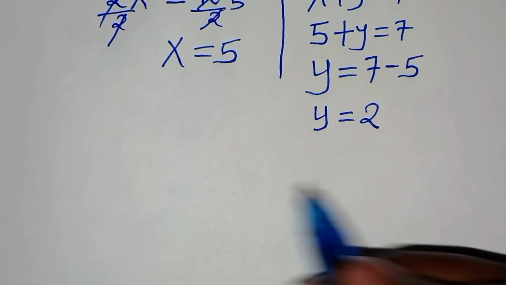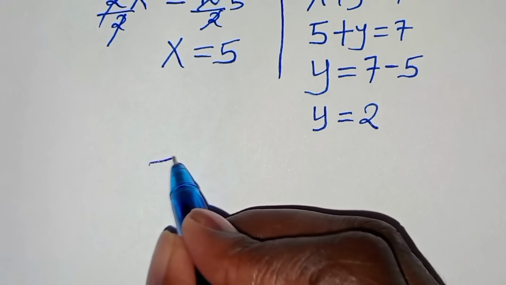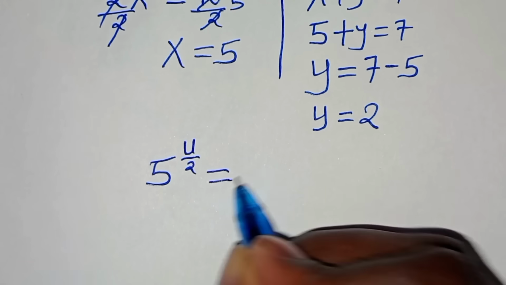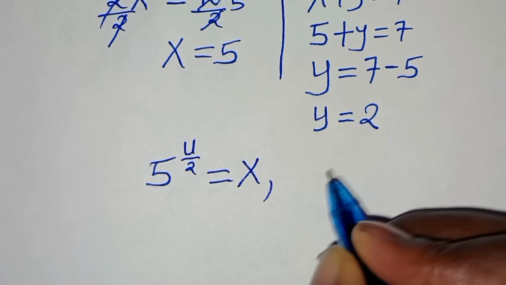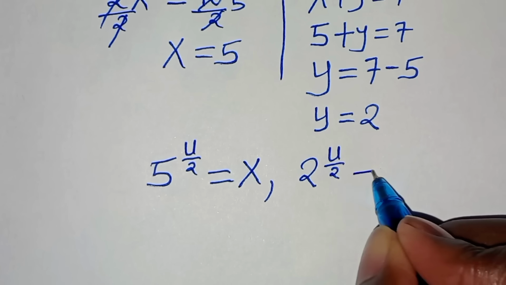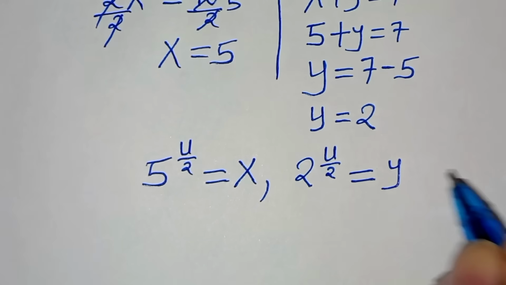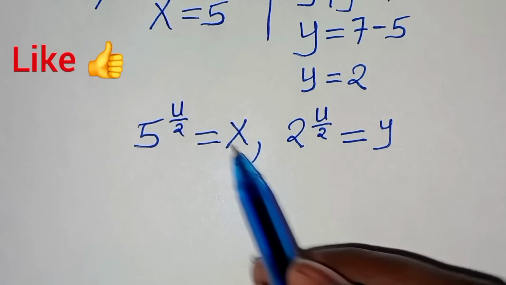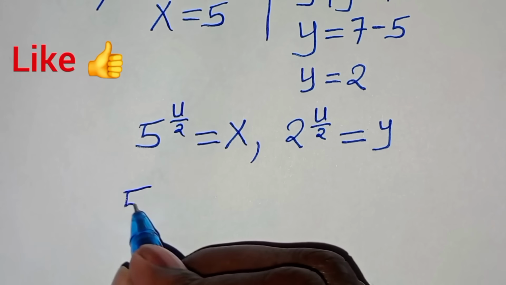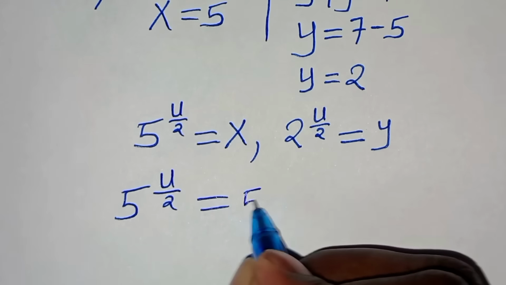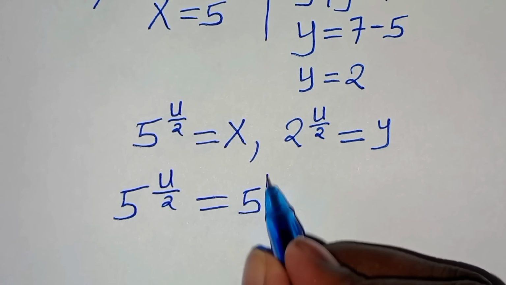Now, if you recall, we have that 5 to the power of u over 2 is equal to x, and 2 to the power of u over 2 is equal to y. Now, let's equate with the value of x, which is 5. So we have 5 raised to the power of u over 2 equal to 5. Remember, 5 is raised to the power of 1.